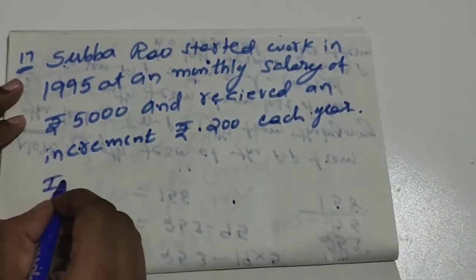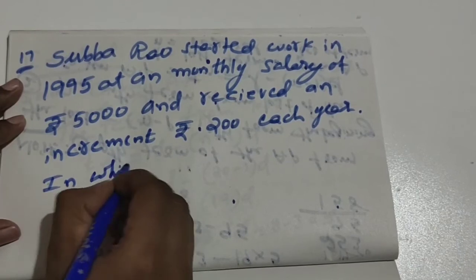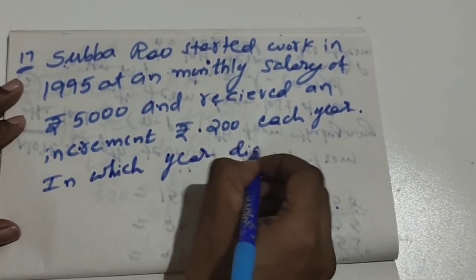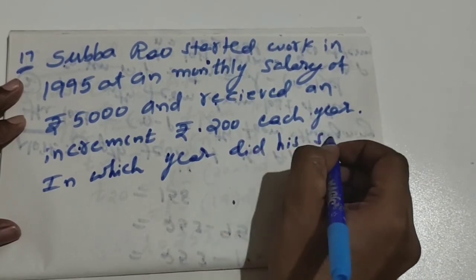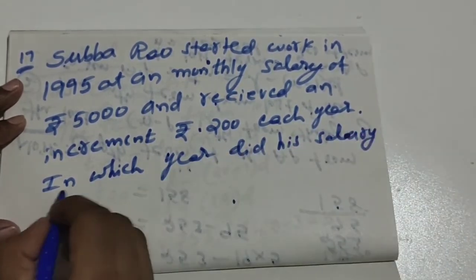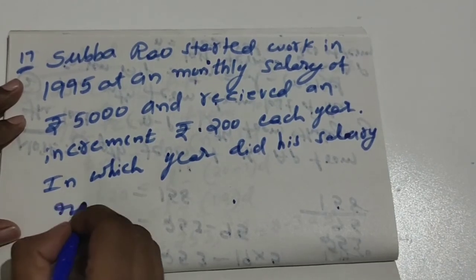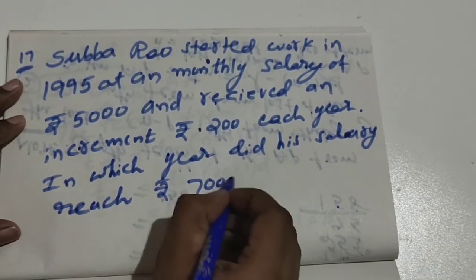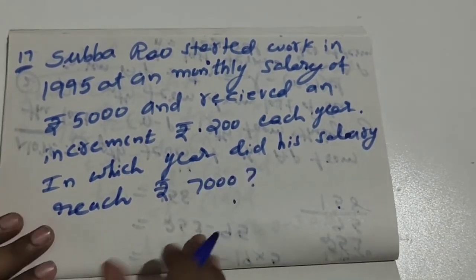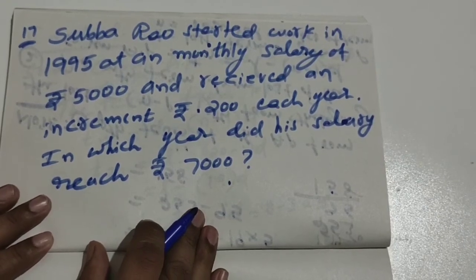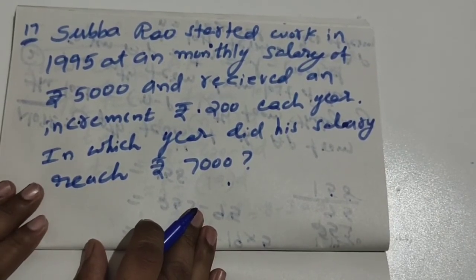Okay, in which year did his salary reach rupees 7,000? Okay, already we discussed same type of sum in the example of getting nth term.